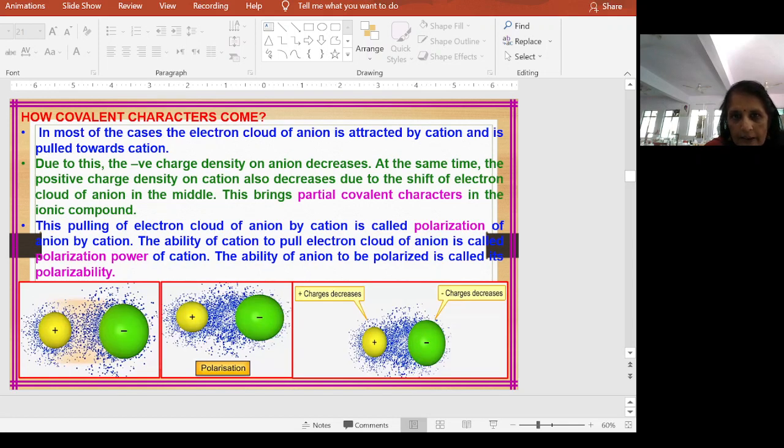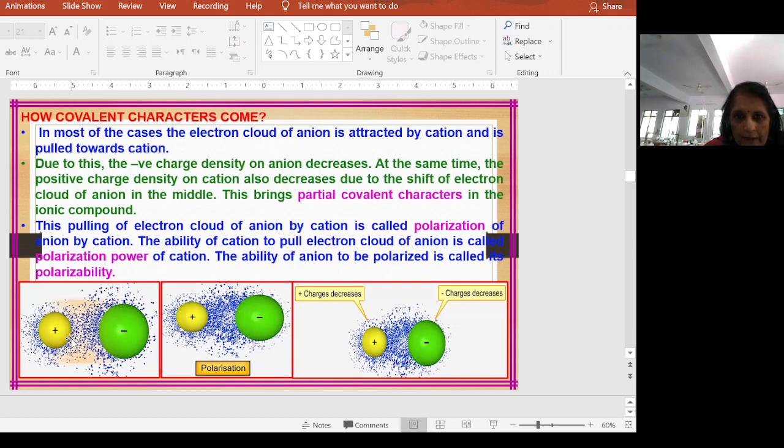Now, how has this covalent character arisen? Basically, in most of the cases, the electron cloud of an anion is attracted by a cation and is pulled towards the cation, because the cation is positively charged. So obviously, anything which is positive will attract the electron cloud towards itself.